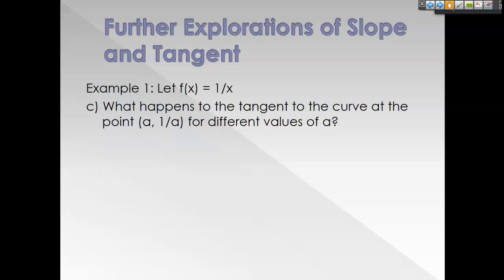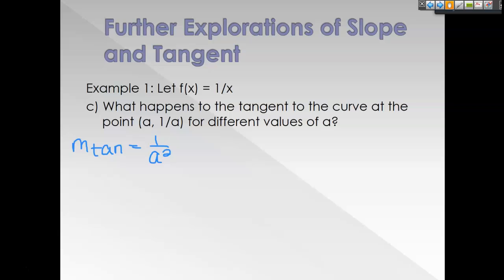All right. What happens to the tangent if you had a point A and 1 over A for all different values? So A, 1 over A would be the tangent in general. What we want to talk about is the slopes of the curves and the graph. So the slope of the tangent is equal to negative 1 over A squared.